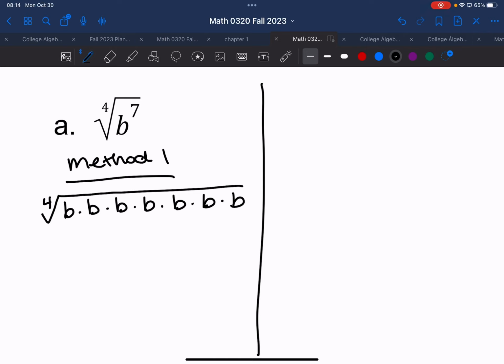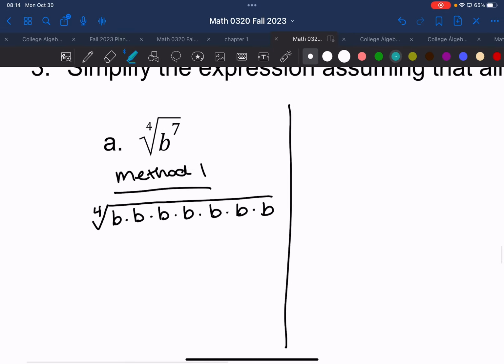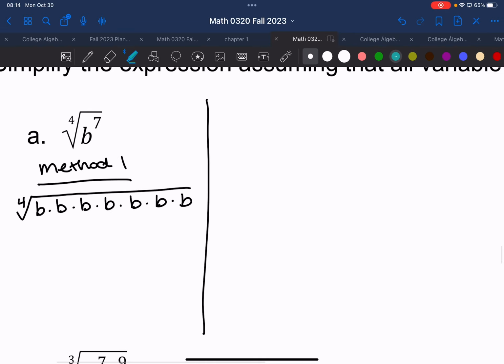If we were to simplify this, the 4th root tells us that we can only take out groups of what? 4. So I'm going to highlight groups of 4. How many groups of 4 do I have? Just 1. So I am going to take out 1 b from that group.